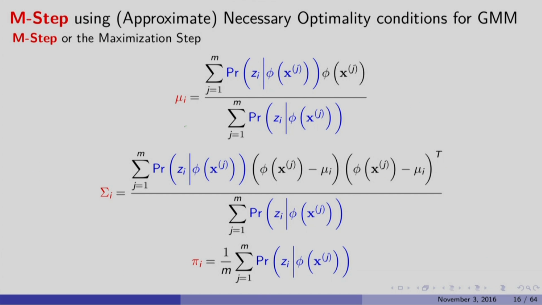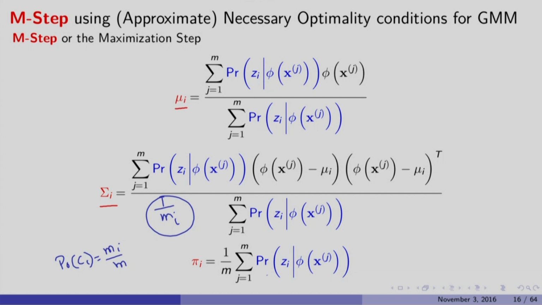So here are the M step estimates for mu I, which we have already seen. Sigma I is very similar to that for Gaussian discriminant analysis, but in the case of Gaussian discriminant analysis we just had 1 upon mi instead of these weights. Likewise, pi I was earlier the probability of class Ci, and that was just mi divided by m.